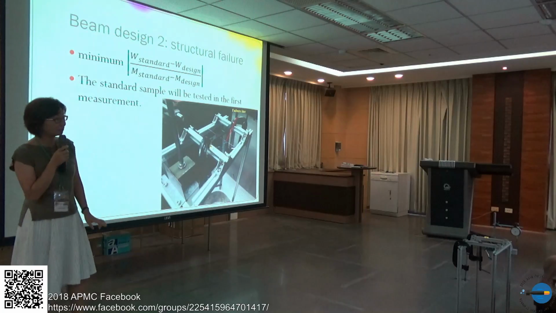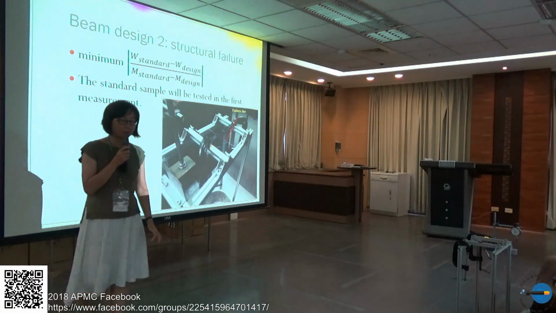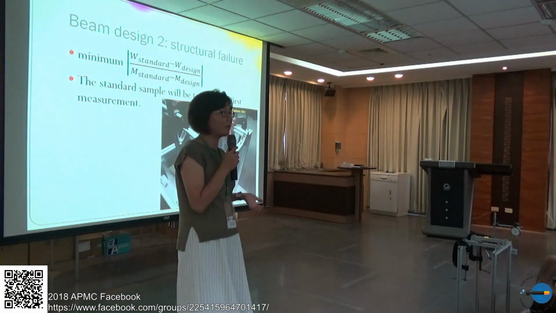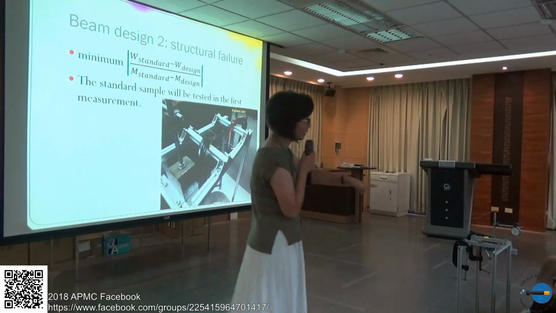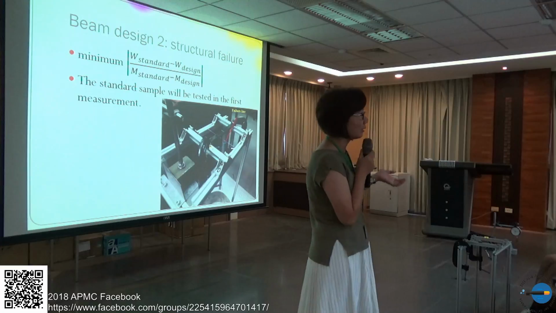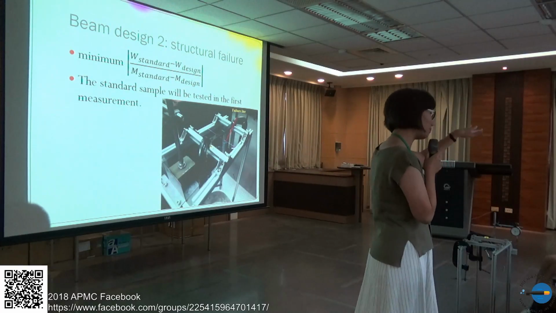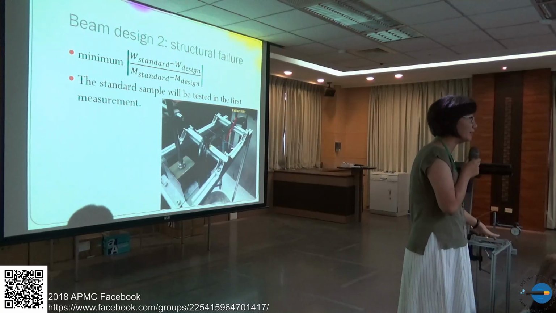We will decide the maximum weight carried by this beam, either by the weight that will break your beam, or when the bottom of your beam touches this line. There is a line here.